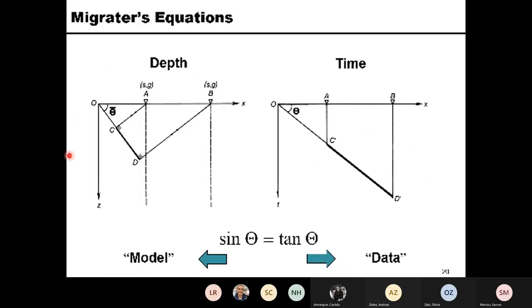That's the migration. Okay, we have so many equations, but at least we have two now. You should remember this equation: geological angle, sine theta bar, equal to tangent theta, the tangent of the geophysical angle. That's the simple equation.